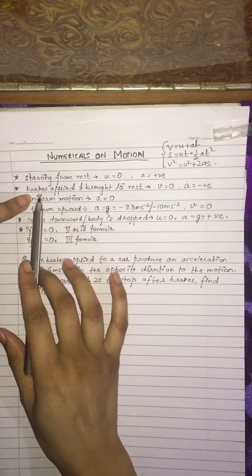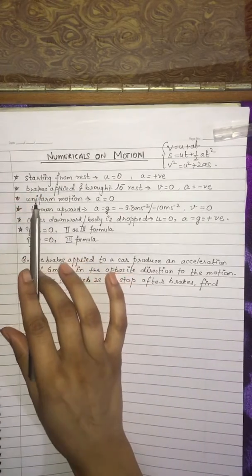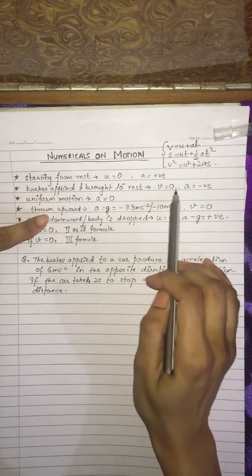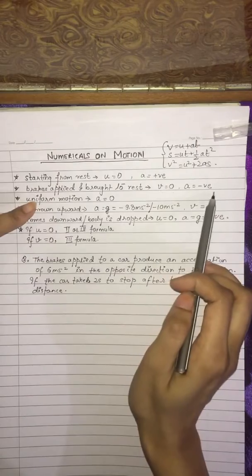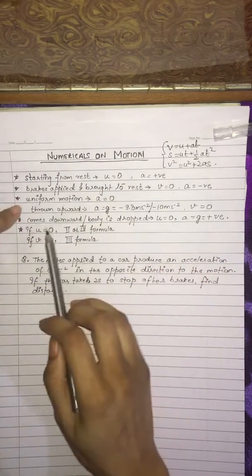Why? Because the brake is always applied in the opposite direction. Fine. So we will take v equal to 0 and a will be negative, whatever the a is given. Okay, we will take a as negative.